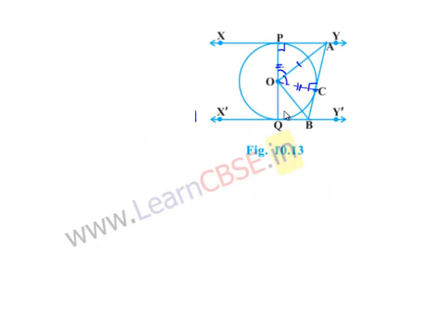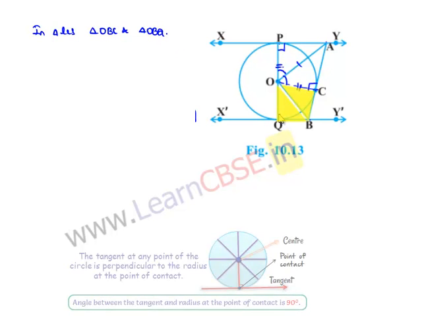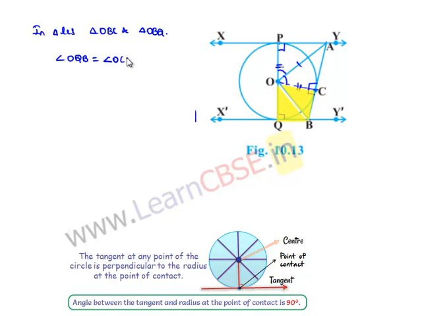Now again, let us consider the two triangles, that is triangle OCB and triangle OBQ. In triangles OBC and OBQ, angle OQB will be equal to angle OCB, that will be equal to 90 degrees, since at the point of contact the tangent subtends an angle of 90 degrees with the radius from the center.